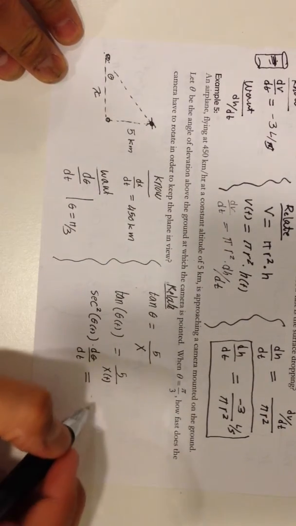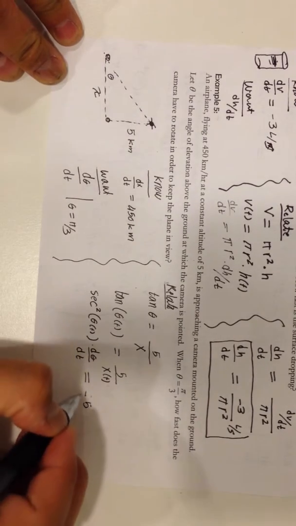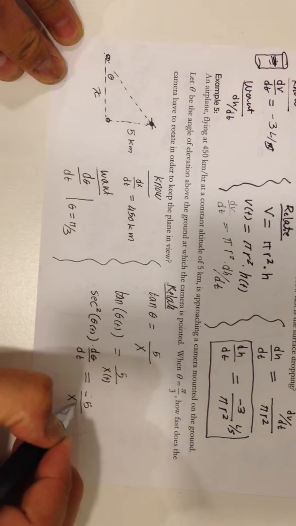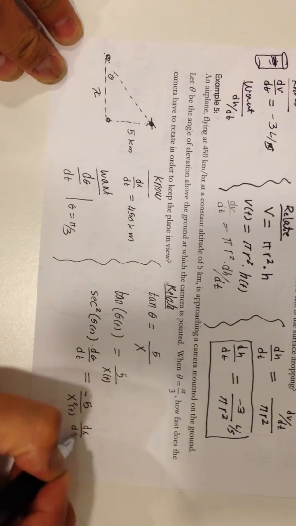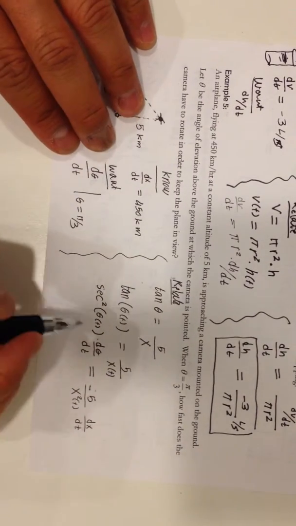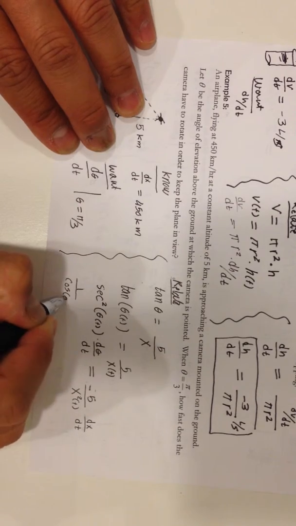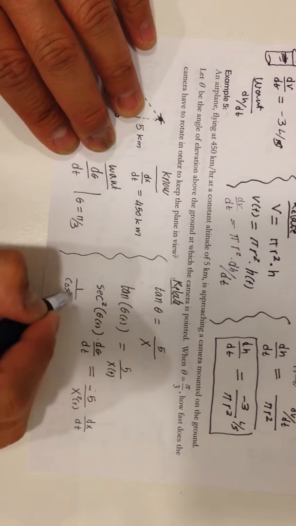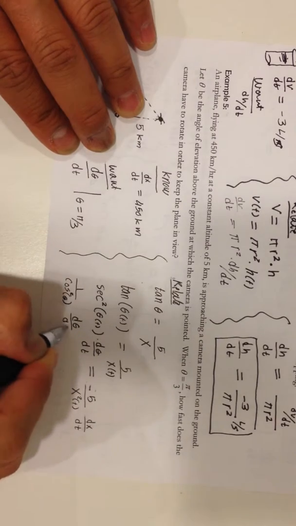Done correctly, you get negative 5 over x squared of t times dx over dt. Remember, secant squared is 1 over cosine squared, so let's write it as 1 over cosine squared of θ, so it's easier for us to evaluate everything.